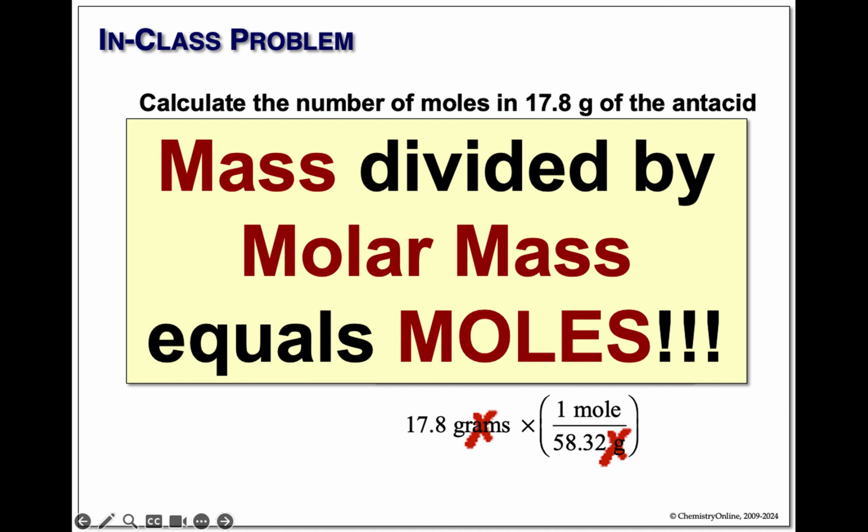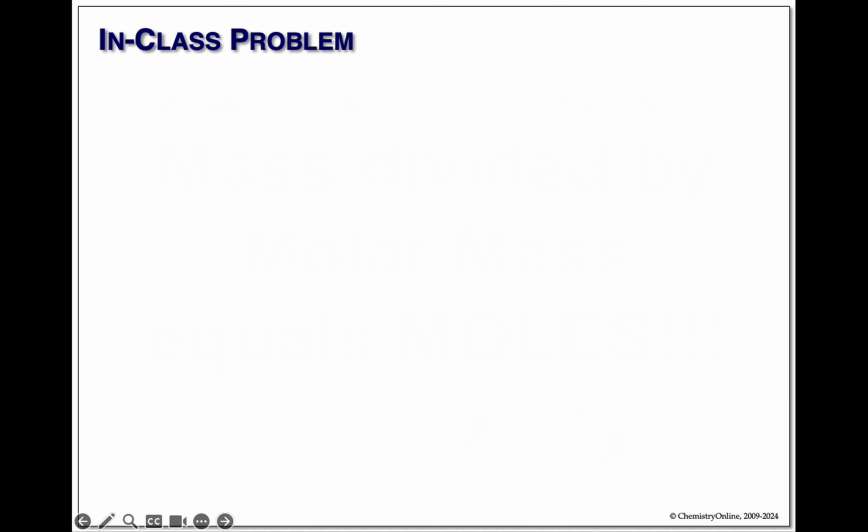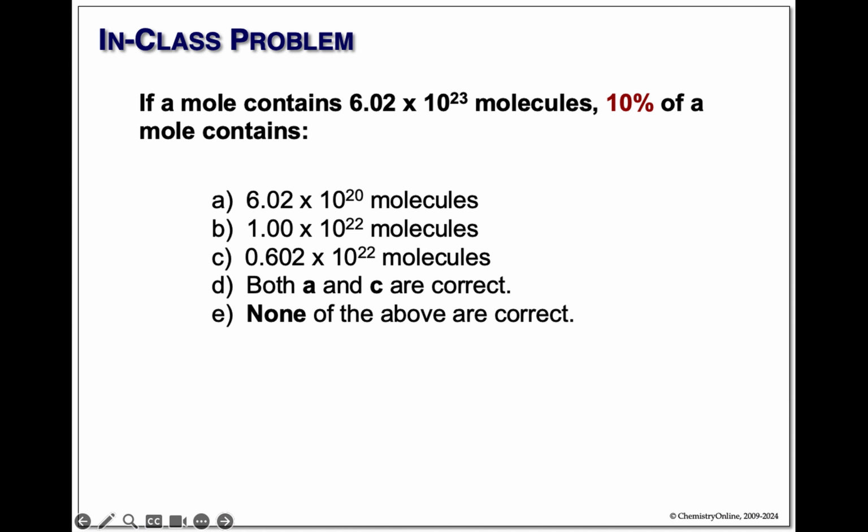Later in this chapter, we're going to deal with percentages, percent composition. I put this one in just to introduce the notion of what percent really means. A mole contains 6 times 10 to the 23rd molecules. What is 10% of the mole? Well, we could use our calculation, our algorithm.